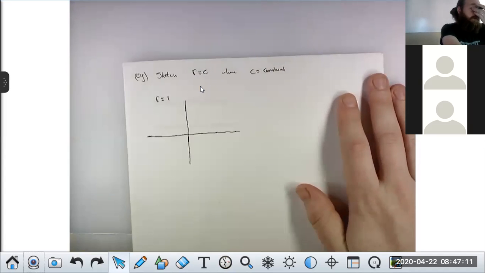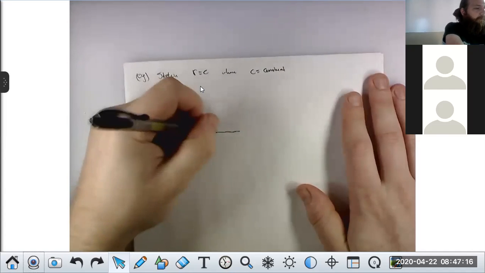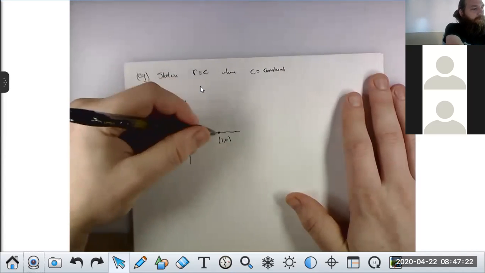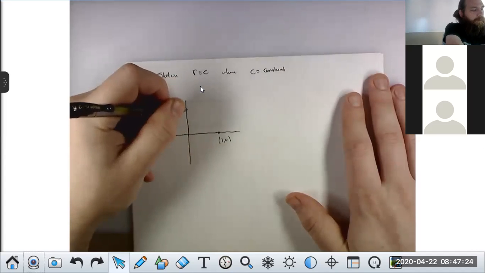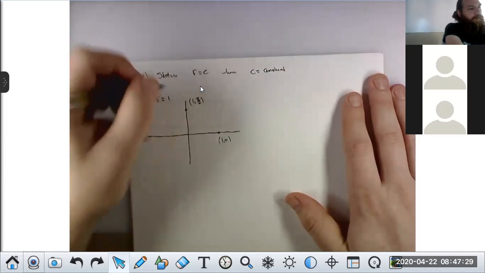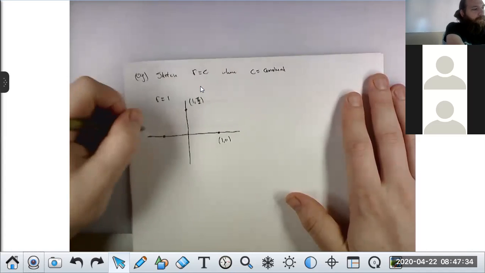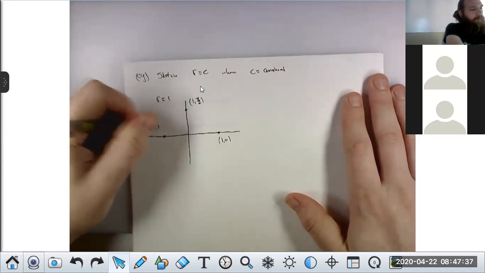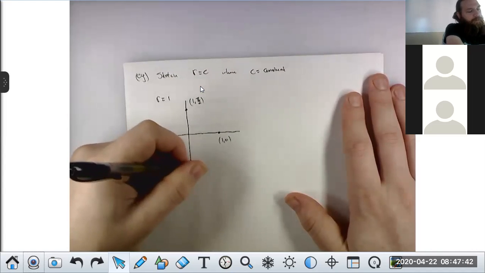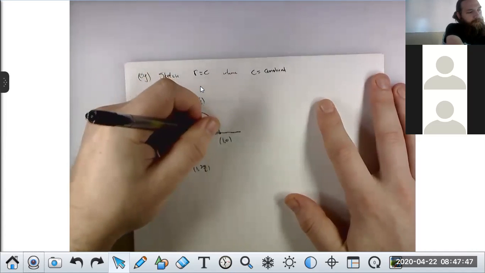Well, some points that would be on that graph would be 1 comma 0, where r is 1 and theta is 0, and 1 comma pi over 2, where r is 1 and theta is pi over 2, or 1 comma pi, or 1 comma 3 pi over 2. This is going to be the unit circle.